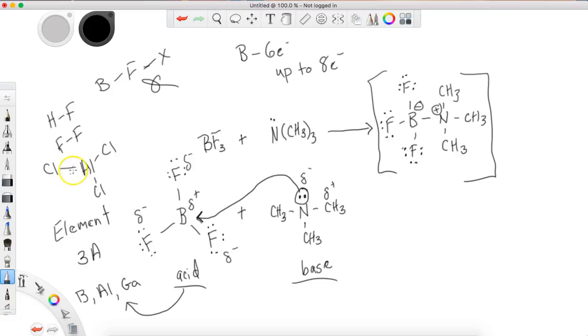So that is Lewis acids and bases. Again, just as one more brief summary, you're going to have a Lewis acid that's usually got some source of partial positive, and then you will have a Lewis base. Now, it may be partially negative, it may be formally negative, meaning there's an actual minus charge, but the key here is we're looking for some electrons on the Lewis base, right, that can donate to the Lewis acid in some form or another.